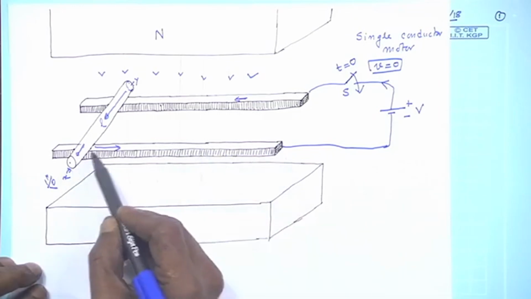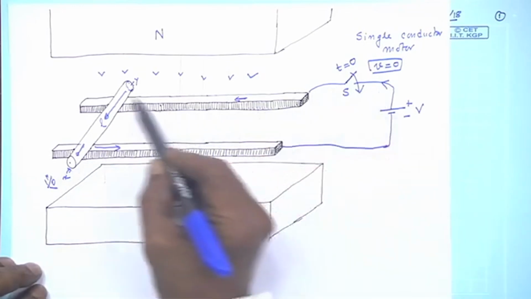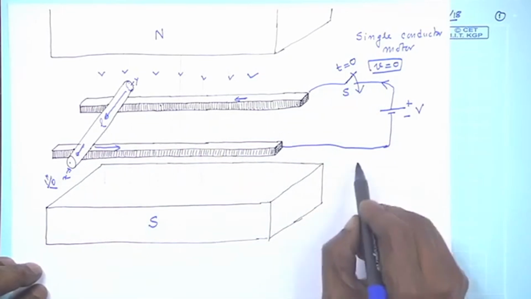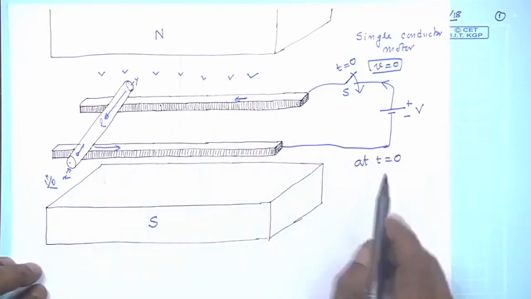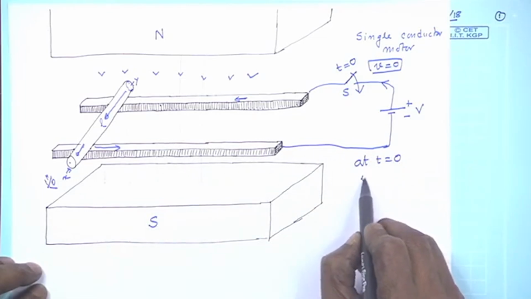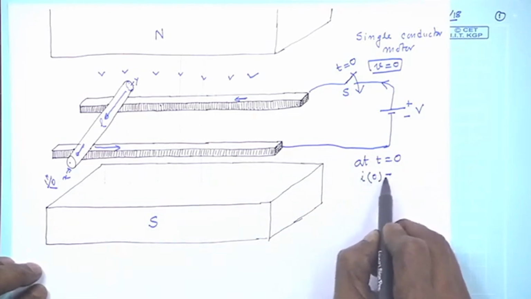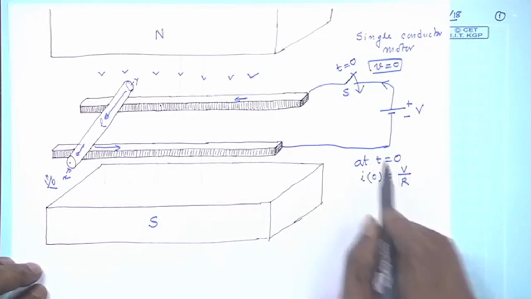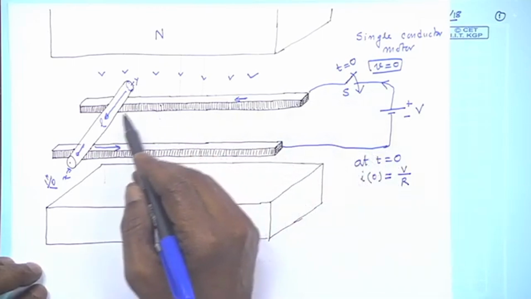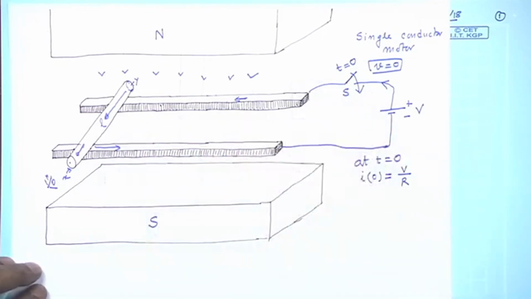It is open circuit here, so it will return like this. So, the current will flow. At t equal to 0, I am sure nothing was moving. The current in the circuit at t equal to 0 was simply V divided by R. What is R? R is the resistance of the rail, etcetera, the whole circuit.